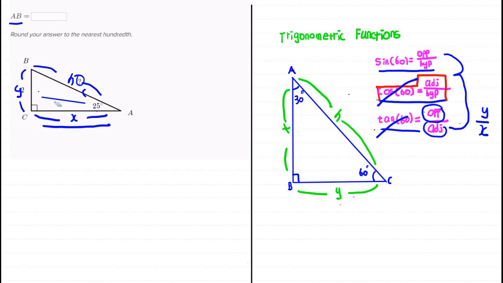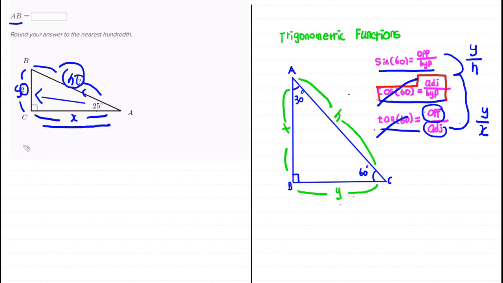The opposite side is y over hypotenuse h. We don't know the value of h, but we do know the value of y, which is 2. And that means we can solve for h using equations.